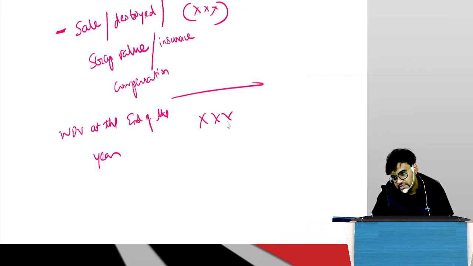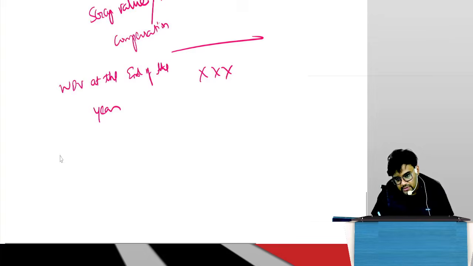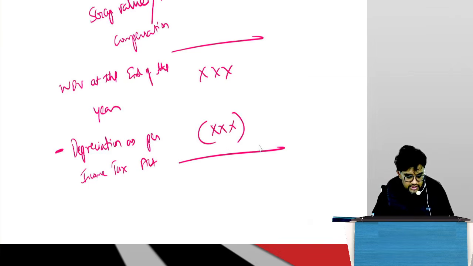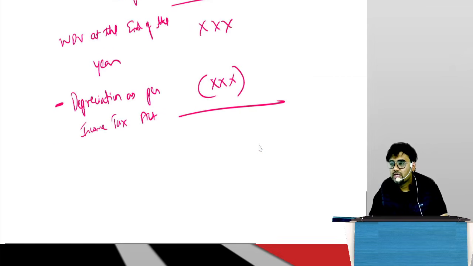I will get that, and from that you will subtract depreciation as per Income Tax Act. WDV at the end of the year minus depreciation as per Income Tax Act.